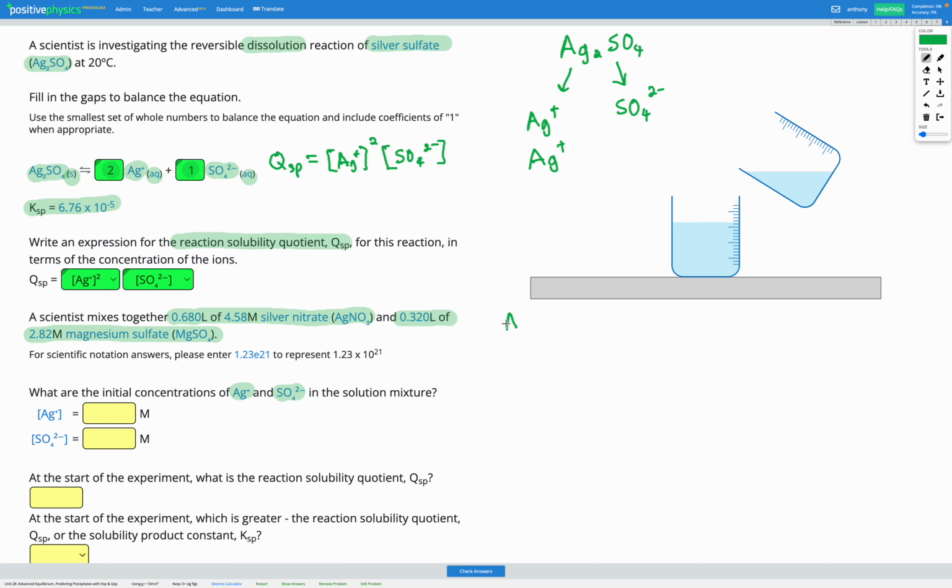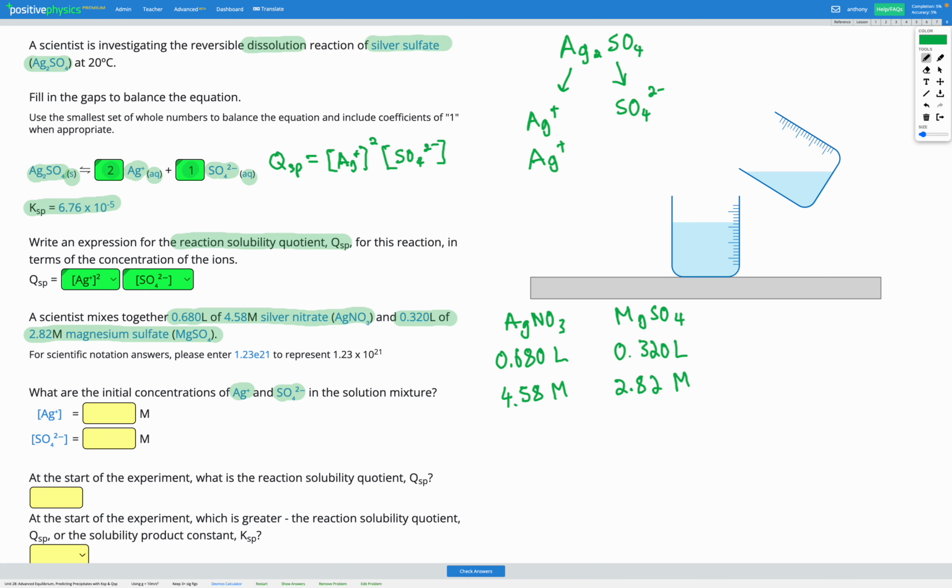Okay, for silver nitrate, which is AgNO3, we have 0.680 litres of a 4.58 molar solution. For magnesium sulfate, we have 0.320 litres of a 2.82 molar solution.